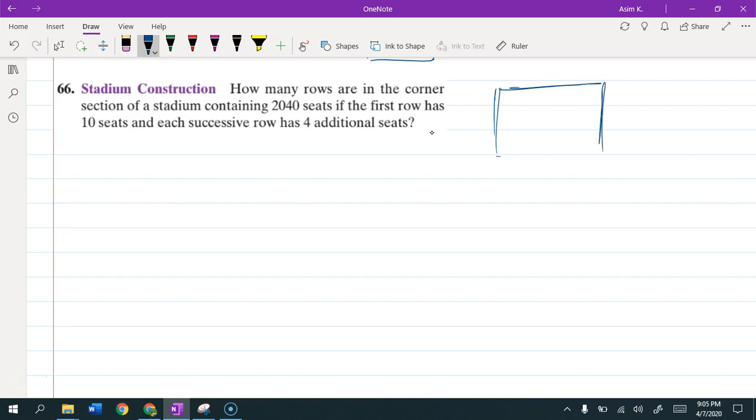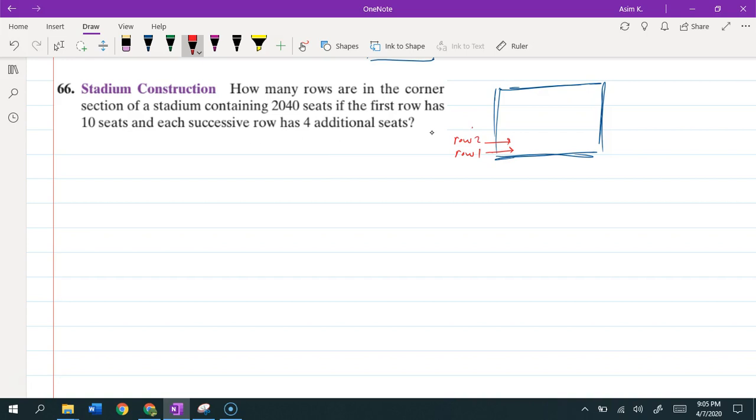I haven't gone to too many stadiums, but what I could tell you is this first one is your row 1, right? And what they're saying is each row that comes after it is going to have more seats than the row before it, right? So row 2 will have 4 more seats than row 1 does.